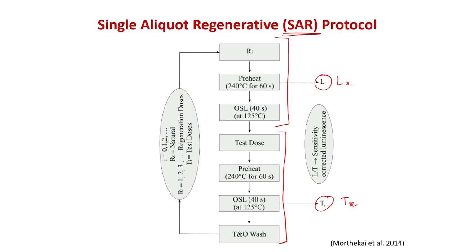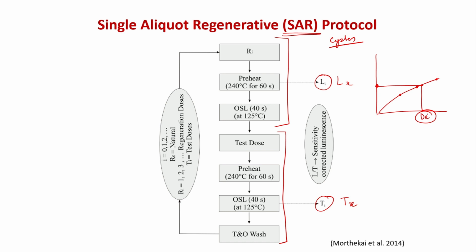So you have multiple test runs like this, which is what we call a cycle. And that helps you get a curve of different points. If you have the natural, you can see that, and that will give you the De. Okay.